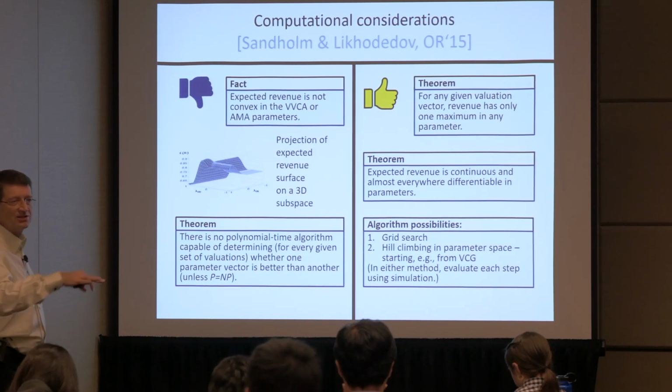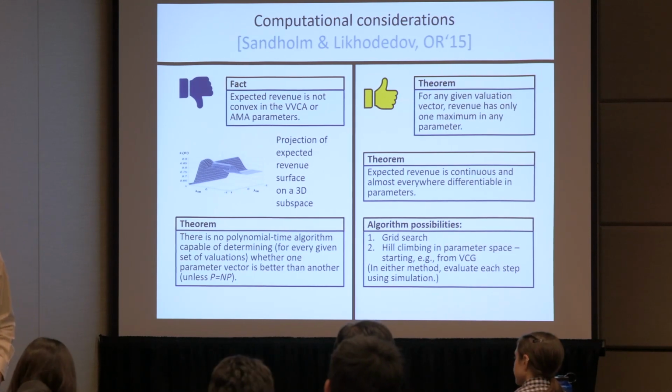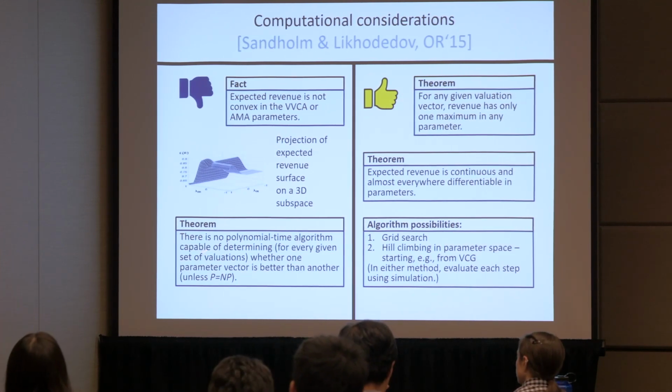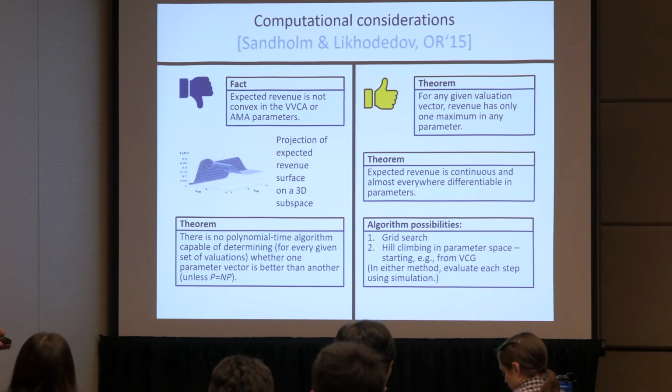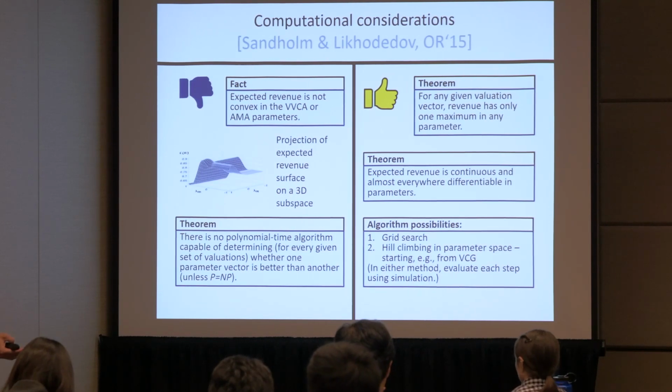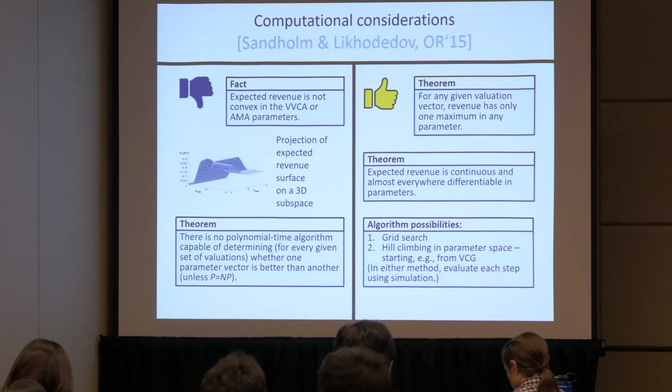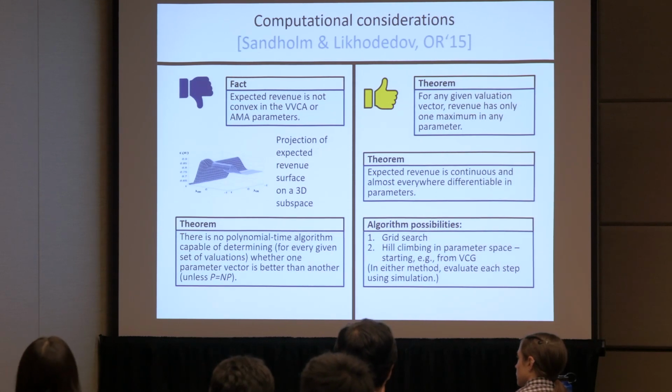And you can see that it's this funny surface, unfortunately. Furthermore, there's no polynomial time algorithm capable of determining whether one parameter vector is better than another for all parameter vectors. There might be some parameter vectors for which it's easy, but in general, this requires you to solve the winner determination problem at least once, and it's easy to see that you can do it with two winner determinations.